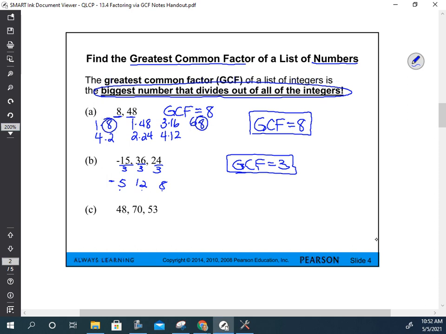If you were just looking at 48 and 70, then you could take out something. But since you're looking at all three, there's only one number that works with everything, and that's the number 1. So your greatest common factor is 1.